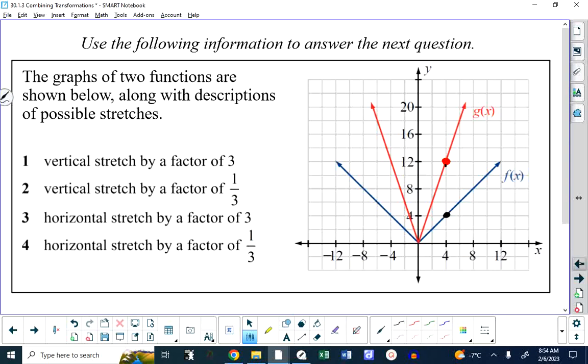If I were to stretch things vertically, and this is kind of important, we keep the same x-coordinate as we compare points, right? I can see that this x-coordinate is only 4. And that means I can take the red graph g of x and I can squish it down by a factor of 1/3.